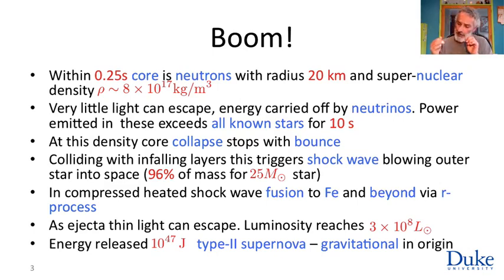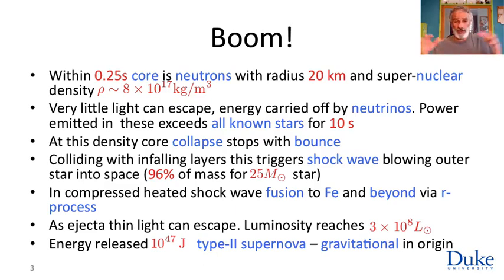Now, if everything I said were correct, supernovae would look very different than they do, and in fact the details of how the explosion works out are still very much a topic of simulation and debate and research. An important role is played by the fact that this shock wave is highly turbulent.